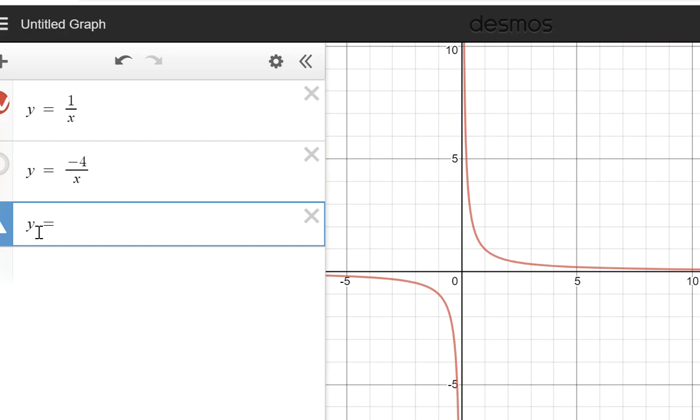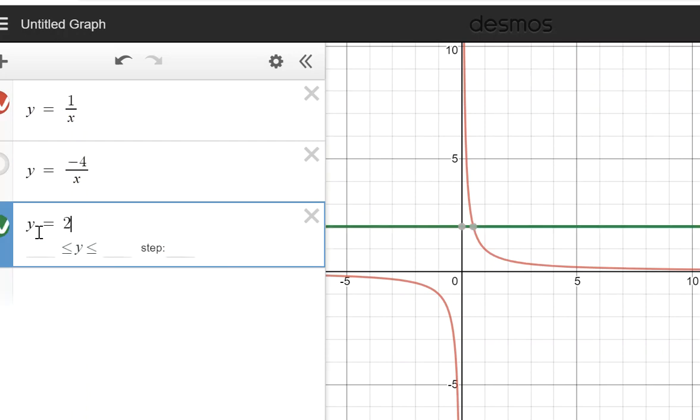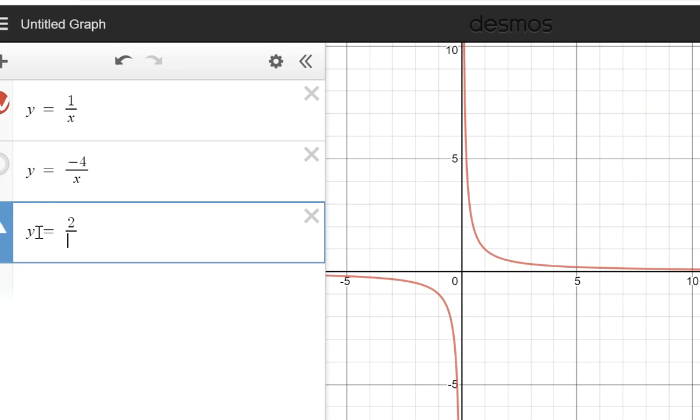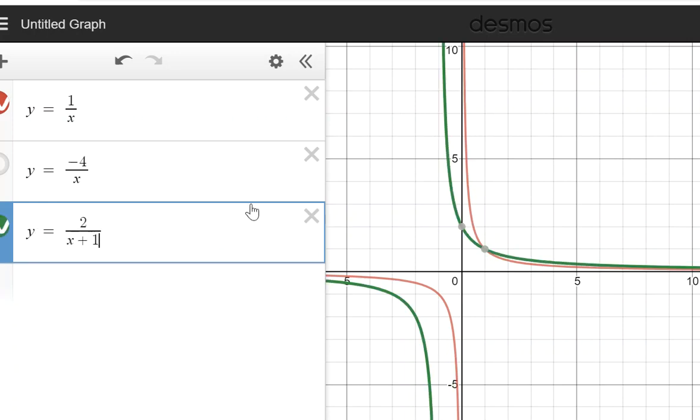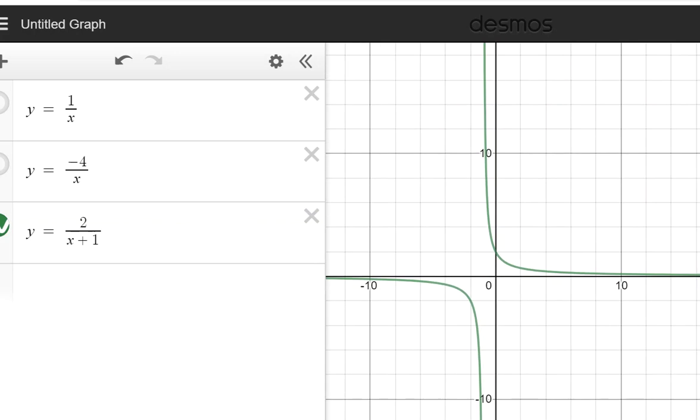But now I'm going to compare it to number 2, which is 2 over x plus 1. And you can see that with the green. I'm going to get rid of the red for a second. And do you see how there is still a horizontal asymptote right there? So at y equals 0. But you'll notice the vertical asymptote shifted right there. And that's because of this number right here.